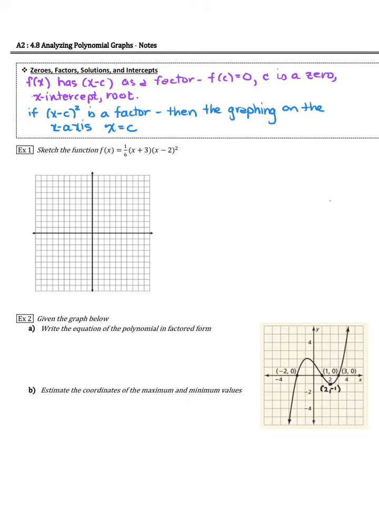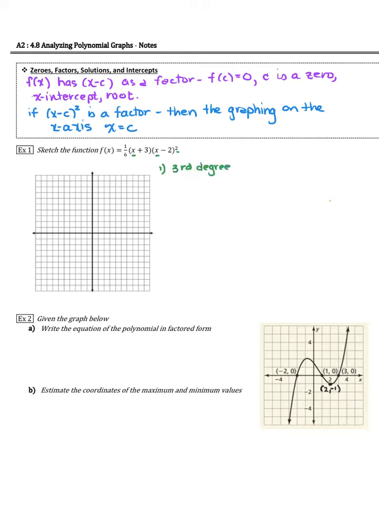So what we're going to do is be given an equation, and using everything we know about degrees and lead coefficients and even/odd behavior and the roots, we can give ourselves a pretty decent sketch. The first thing you always want to determine is what degree you are working with. Notice I have an x here, and then I have an x squared, so this is going to be a third degree.